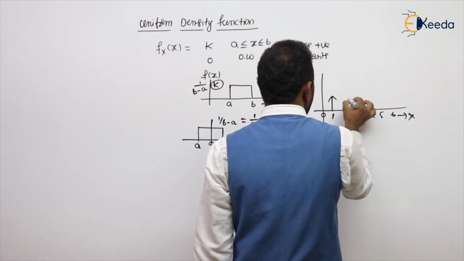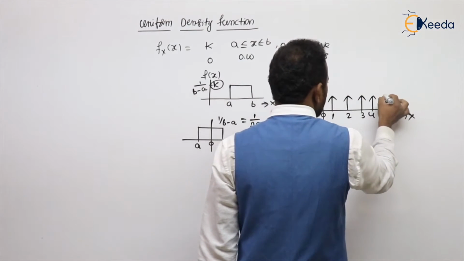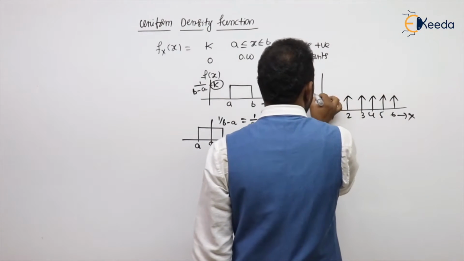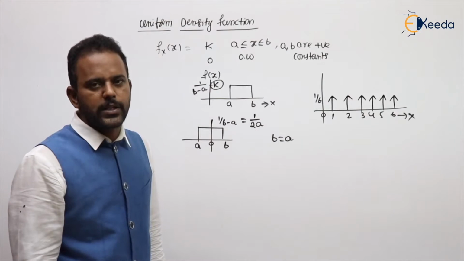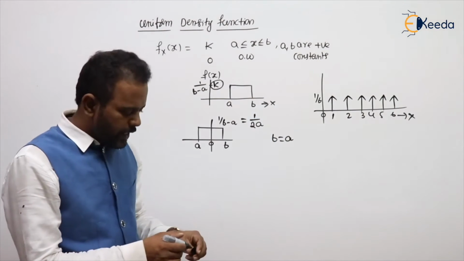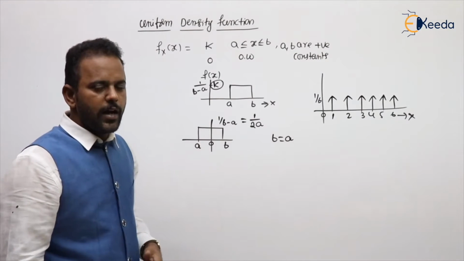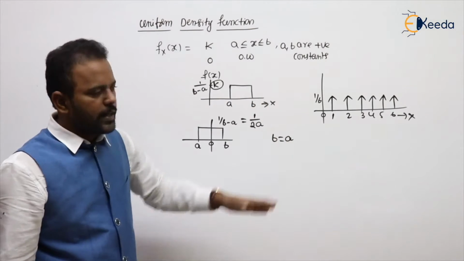PMF means we got the points. PDF means all impulses we got. We are having all equal probability, that is 1 by 6. So their PDF we got like this.